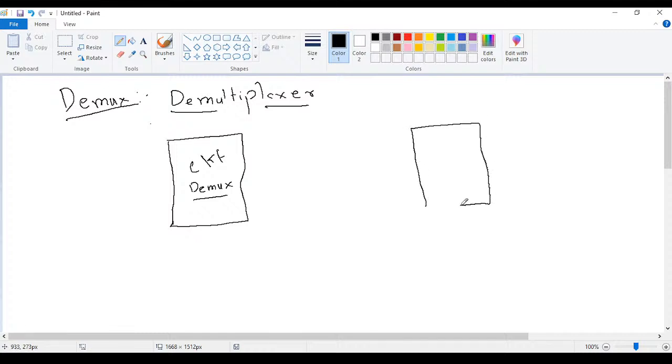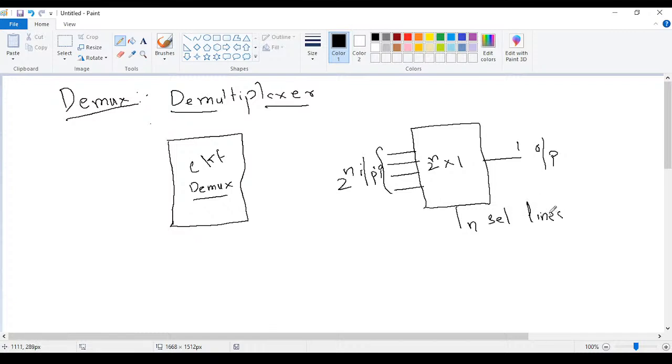In a multiplexer we have many inputs: 2 power n inputs and 1 output, with n selection lines. So 2 power n inputs and n selection lines, and here we can see one output.